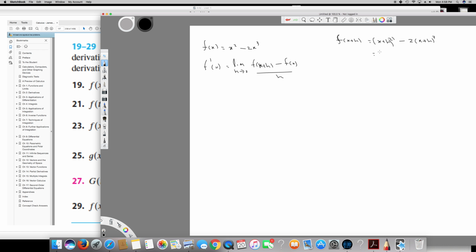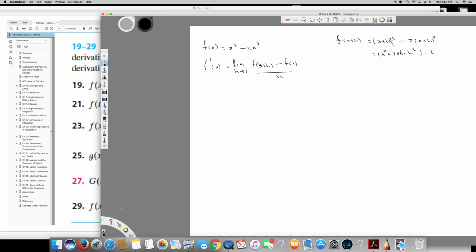Let's expand this one: (x plus h) squared is x squared plus 2xh plus h squared, minus 2 times the expansion of (x plus h) cubed.